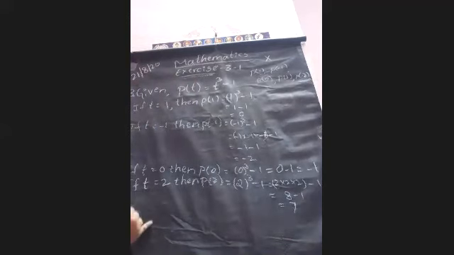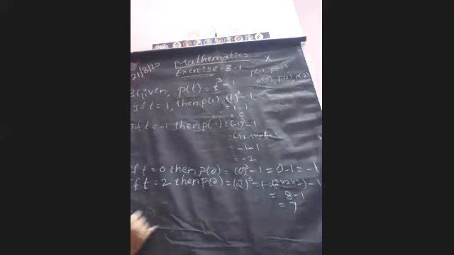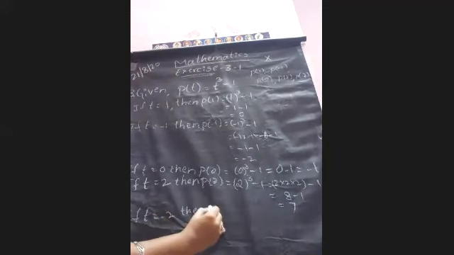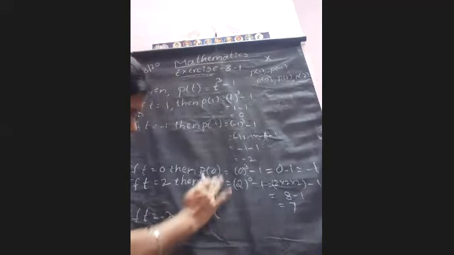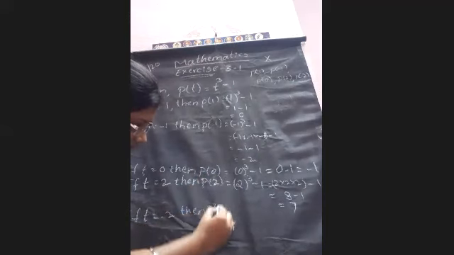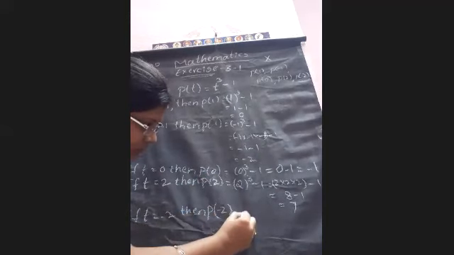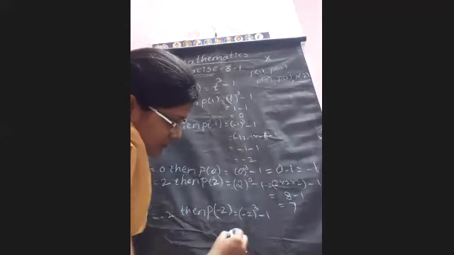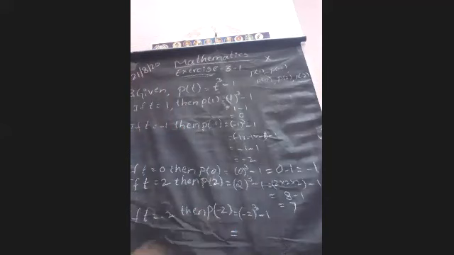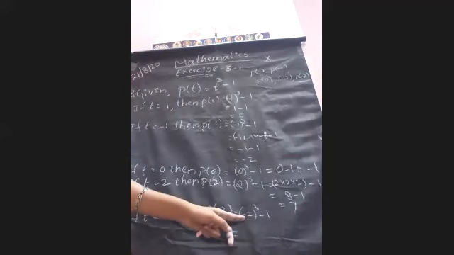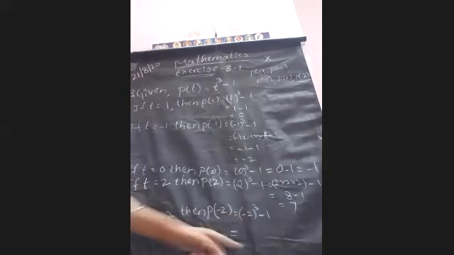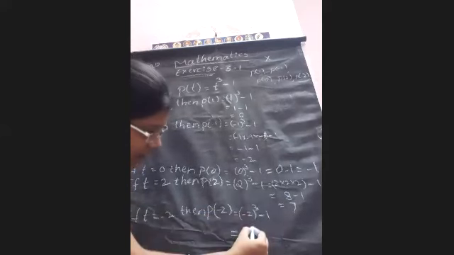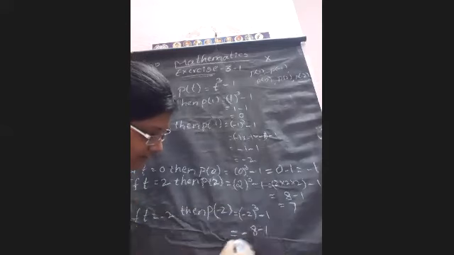Next, if t equals minus 2, then P of minus 2. See here, cube 3 is there, so the sign is minus. Minus 2 cube means minus 8.